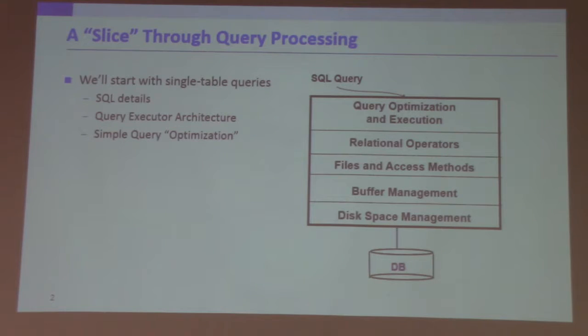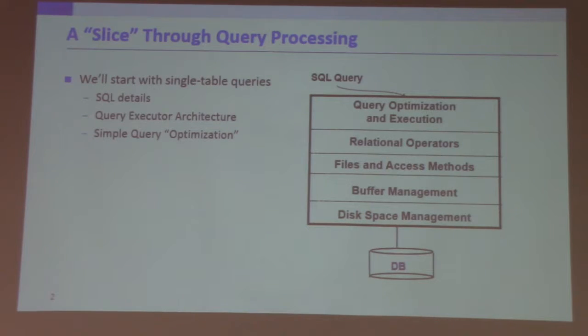Since, like we said before, we take a bottom-up approach, we will talk about the query evaluation first before we talk about the query optimizer. In other words, we'll assume that the query optimizer has optimized the input query and generated a query plan for you. All you need to do as query executor is take that query plan as input and execute the query according to that plan and get the results back. And after we're done with this, we will then talk about the query optimizer, which takes the input query, then optimizes it and produces a query plan for the query executor to execute.